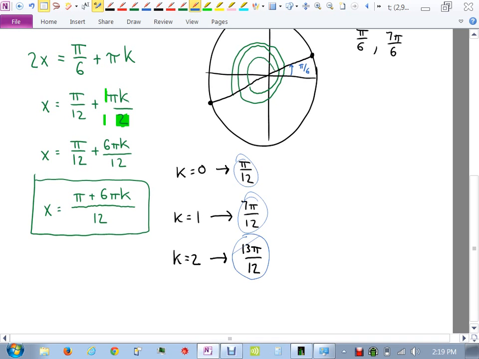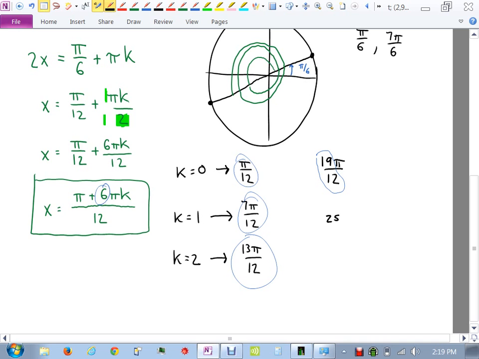And you can keep going, or you can notice a pattern here. The numerator keeps going up by 6, because we're going by 6 each time. So the next one, without even looking, should be 19 pi over 12. Is that still within 2 pi? Yeah, because 19 divided by 12 is still less than 2. So the next one should be 6 more than that.